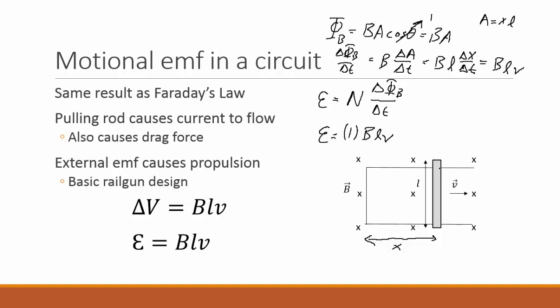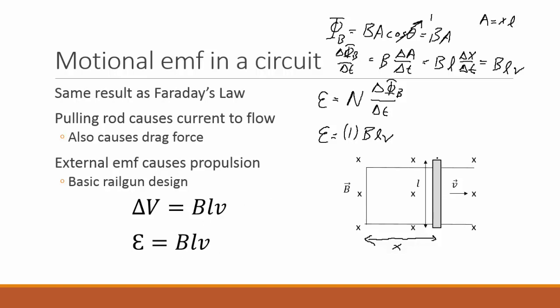And here, in this case, what we were saying is that this bar is going to have an electric force on it in such a way that it'll act kind of like a battery. It wants positive charge on this side and negative charge on that side. So it acts like a battery with an EMF of BLv.